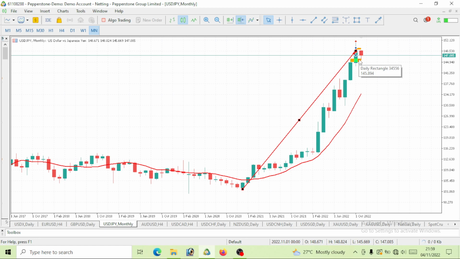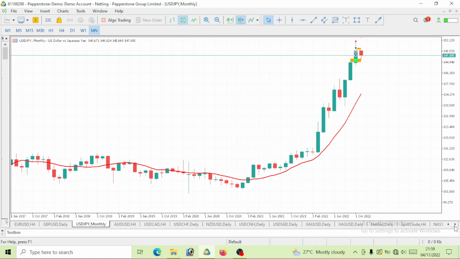And we all know the rules of trading this moving average, which I've included, the 10 period moving average: once the price is above the moving average, then it is a buy, we have to go long. But if it is below our moving average, then it is a short. We clearly can see that this is a buy and price is above our moving average. So we have to go long on this USDJPY, right?